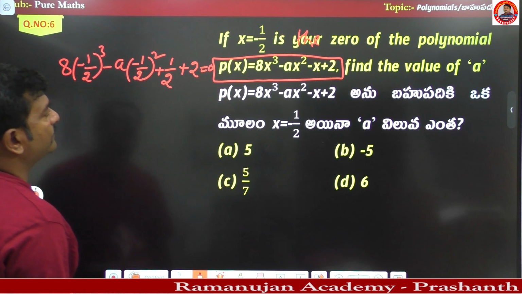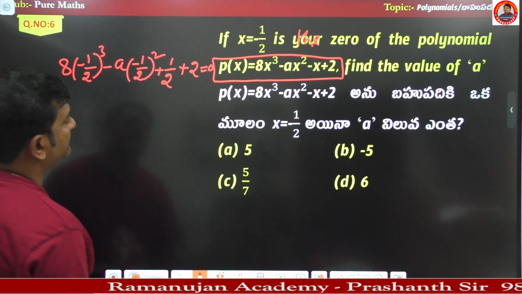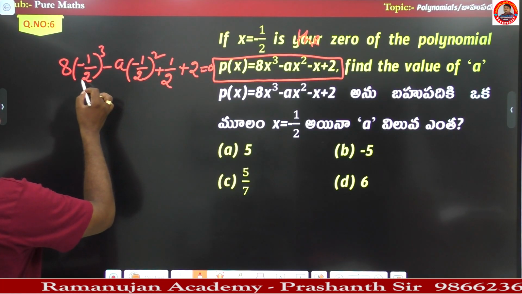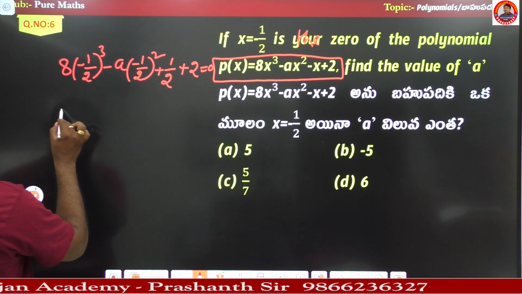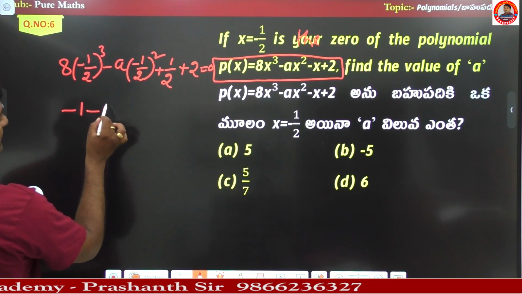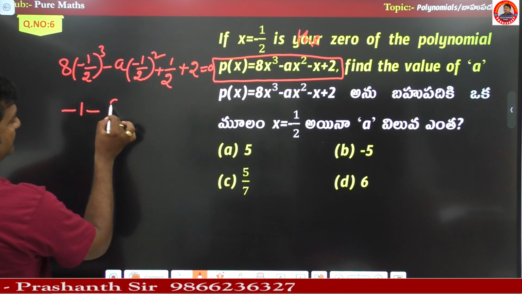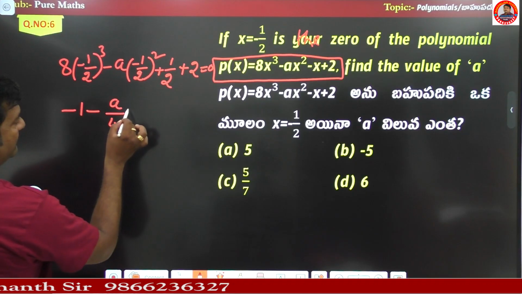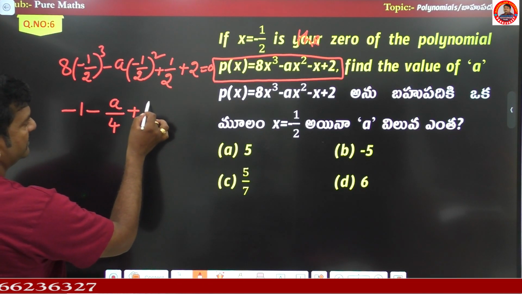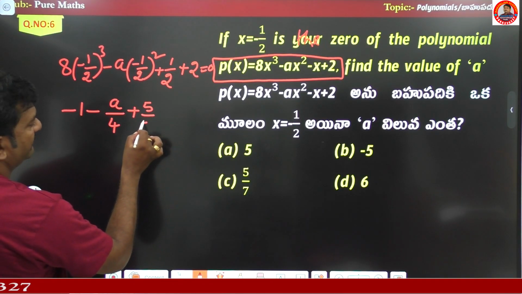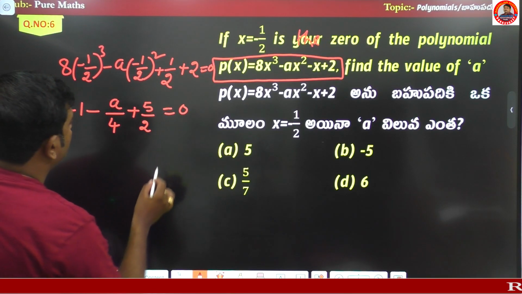So this value equals 0. Minus 1 by 2 whole cube means minus 1 by 8, and 8 into that, the 8s cancel, gives only minus 1. Minus 1 by 2 whole square gives a by 4, so minus a by 4 plus 1 by 2 plus 2. 1 by 2 plus 2 means 2 into 2 is 4, so 5 by 2 we can also take directly.